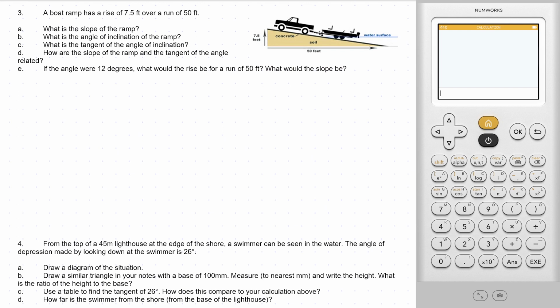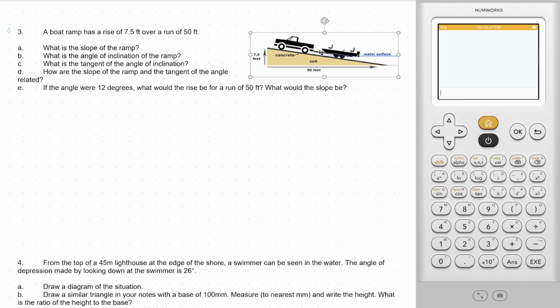Okay, so a boat ramp has a rise of 7.5 feet over a run of 50 feet. The main part of what I want you to get from this problem is the understanding that when we talk about rise over run, that should remind you of a concept from algebra class, which is the concept of slope, right?